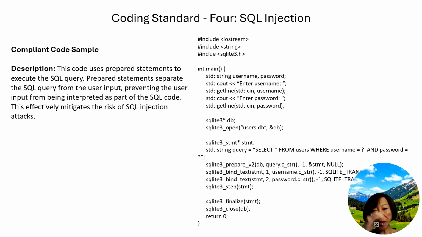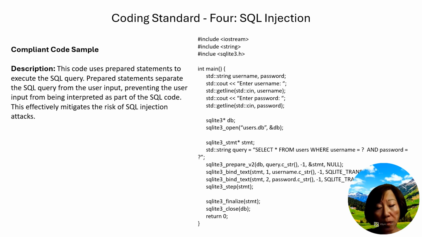So the key steps in the compliant code are, let me point them out. Prepare the SQL statement using sqlite3_prepare_v2, that is a function, leaving placeholders for the user input. You then bind the user input to the placeholders using sqlite3_bind_text.